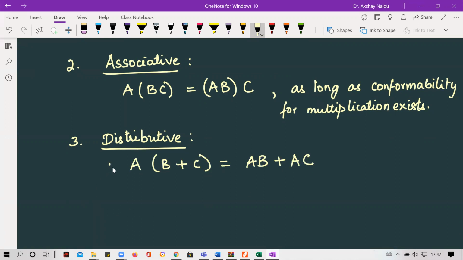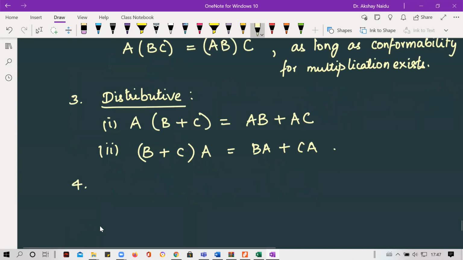See the sequence. If I do B plus C times A, it will be BA plus CA. Okay, this is distributive. Multiplication is distributive over addition. Then identity matrix.